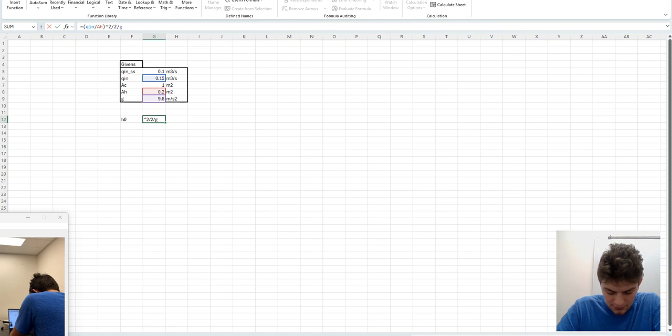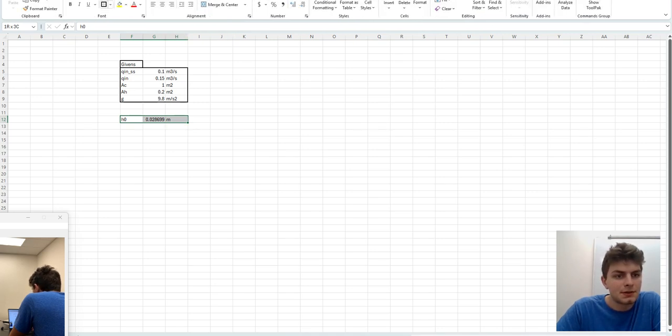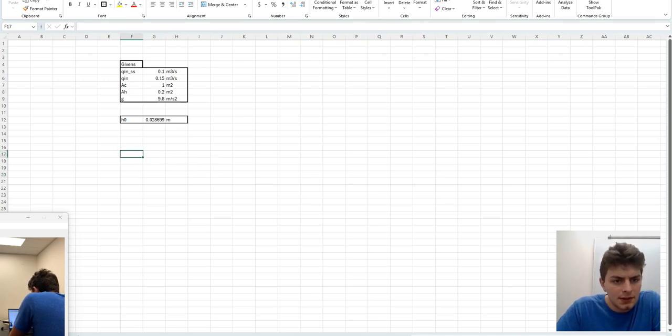Divided by 2 divided by g. Interesting. Okay, so now we have an initial height here in meters. Insert, box that in. I think that's right. Volume in up. This should be our steady state value, right? There we go.